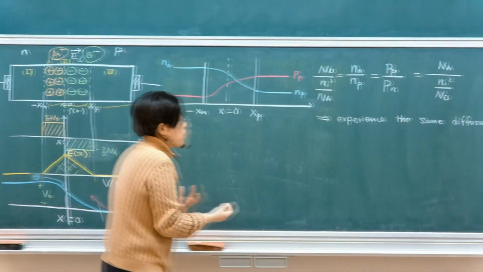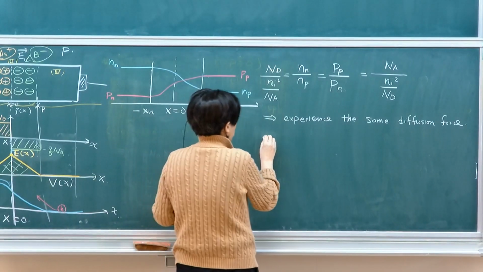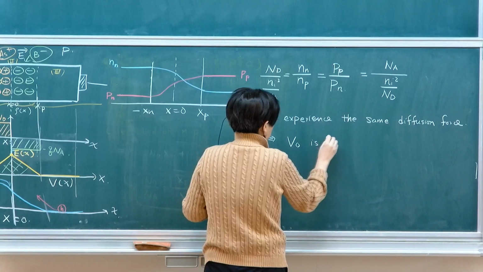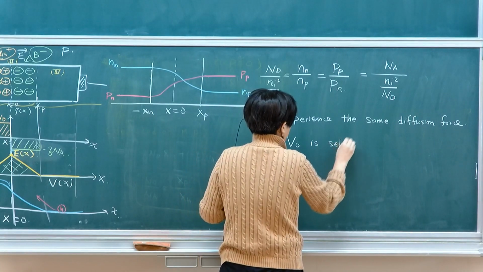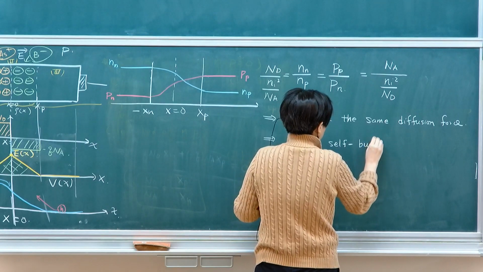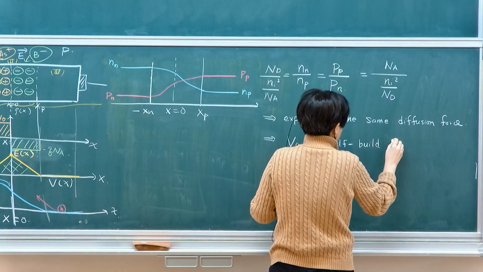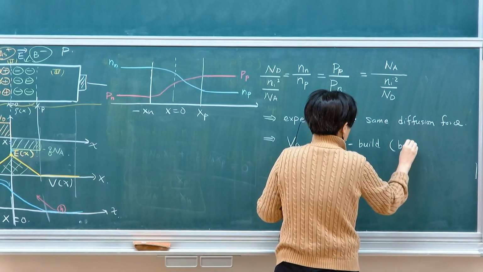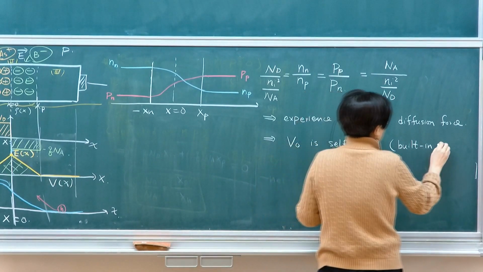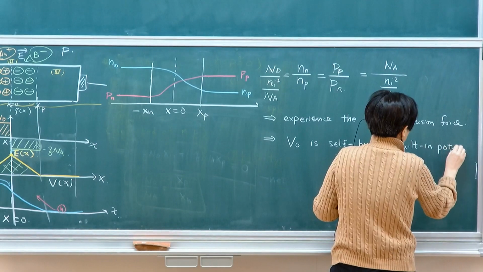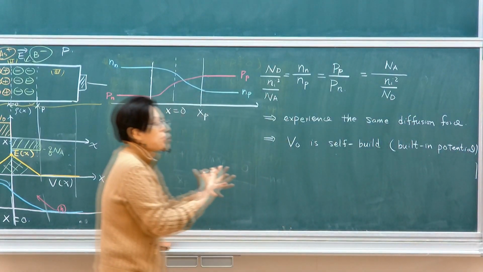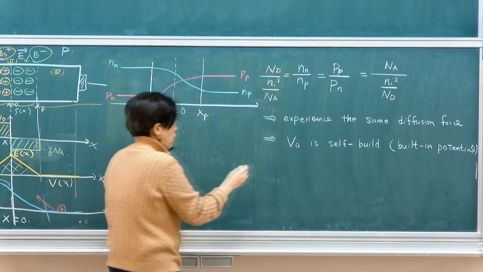To counter this diffusion force, a V0 is self-built, naturally built. It's typically referred to as the built-in potential.